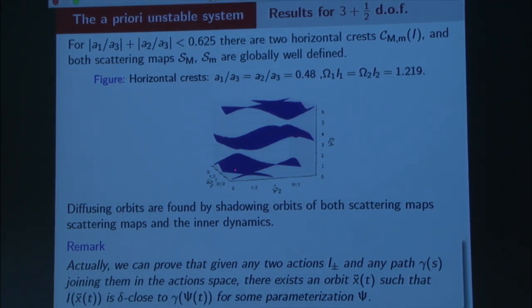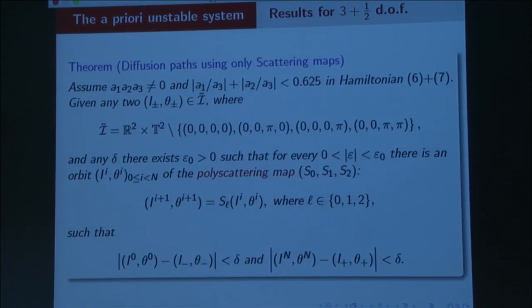And so instead of doing this, in this case, you can also put an arbitrary path, and you can follow this path at a distance if you put also the delta in a very similar way to what we did with Rafa and Terry in a paper about the cases where you have 3 or more degrees of freedom.